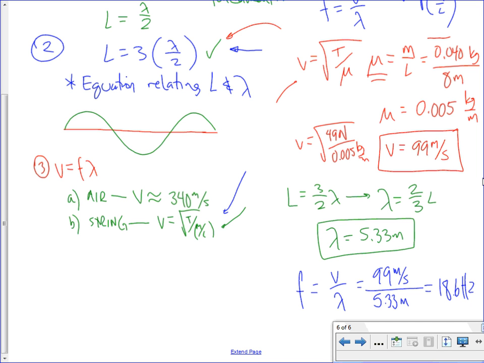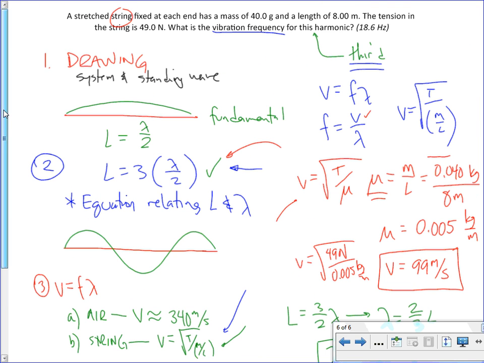Sure, everyone gets that 99 divided by 5.33 is 18.6, but the much more important stuff is that the only way we get there is by making sure we can handle what's going on here. This is a string. We know there's a node at both ends, so we should draw.